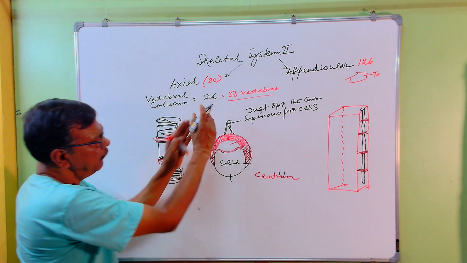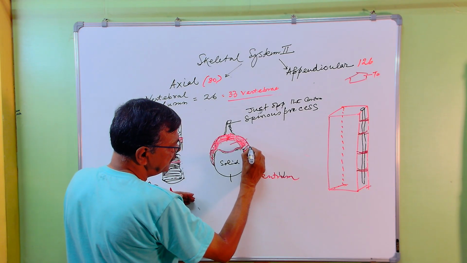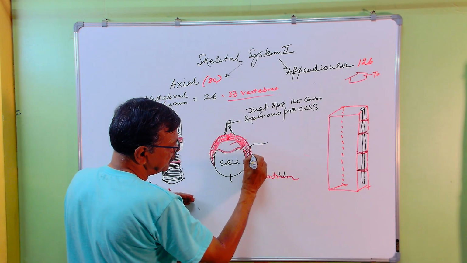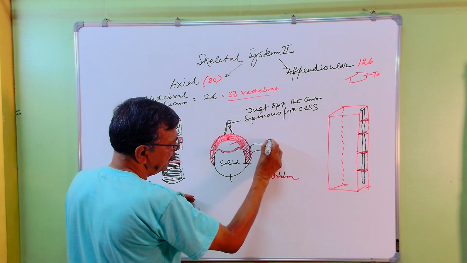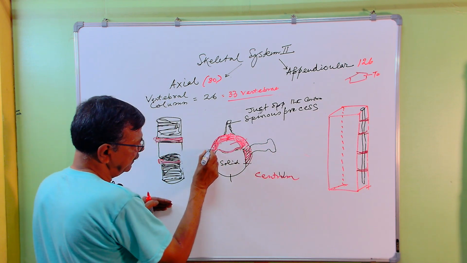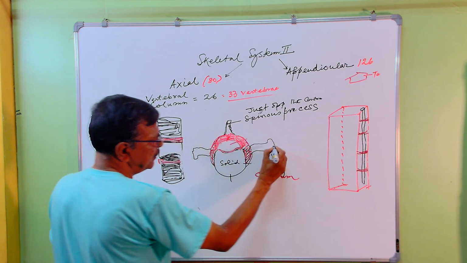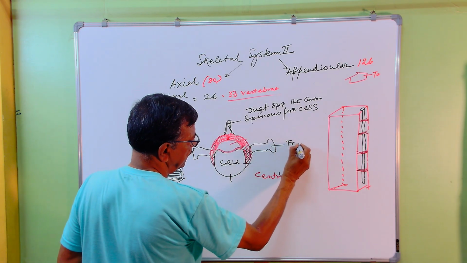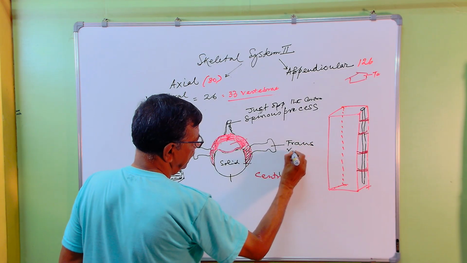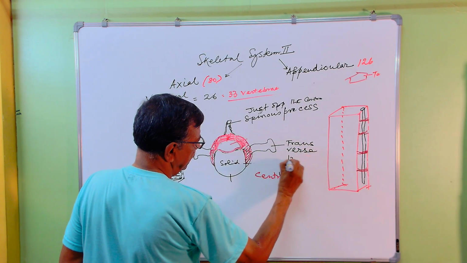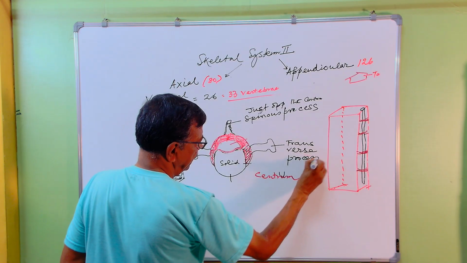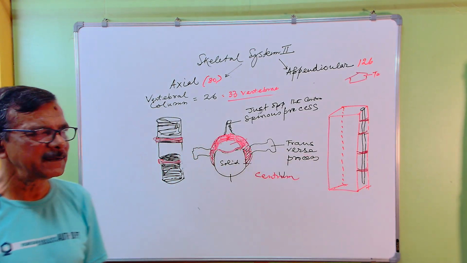As it goes through, it gives another process here, another process here. These two are known as transverse processes.